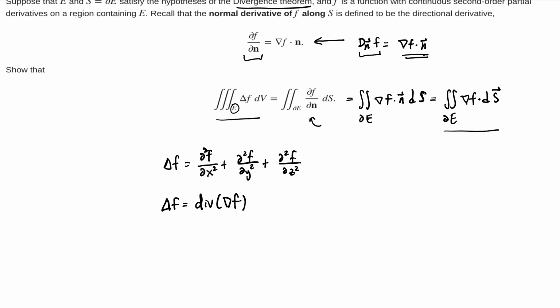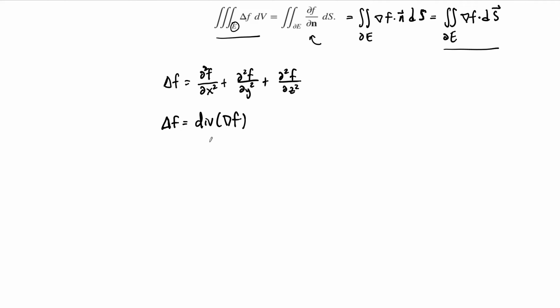So let's make this change right here, and we write the triple integral over E of the Laplacian of a function f dV. What does it mean to be a Laplacian? It means it's the divergence of the gradient field. So this is now the triple integral over E of the divergence of the gradient of f dV. That's literally just changing the symbols. We haven't done anything here.